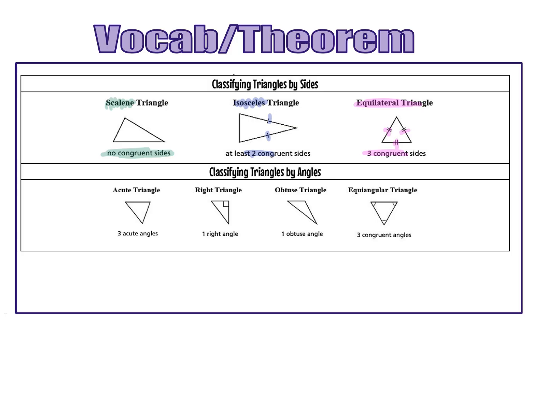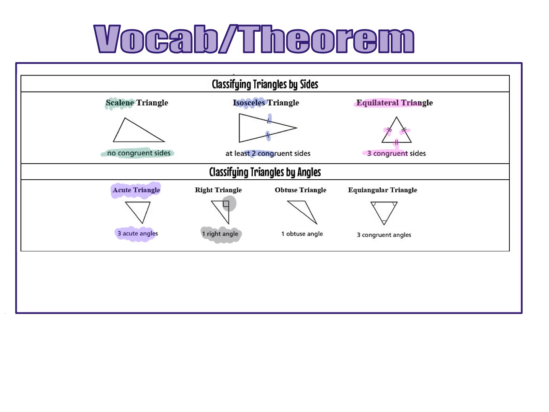We can also classify our triangles by their angles. So an acute triangle is going to be a triangle, a cute little triangle, a triangle that has three acute angles. A right triangle is going to be a triangle that has one right angle, so one 90-degree angle. Acute angles are less than 90 degrees, so an acute triangle has three angles less than 90.